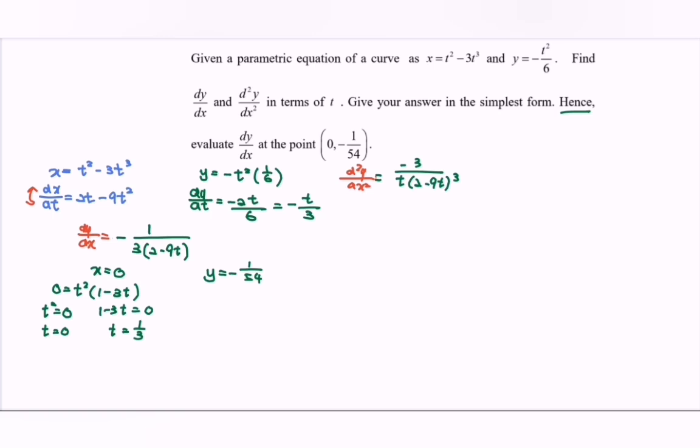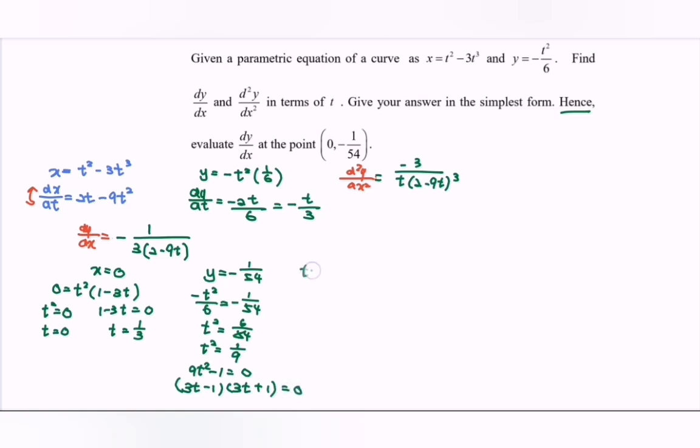Next, we have to test for the situation y equals negative 1 over 54. Negative t squared over 6 equals negative 1 over 54. So rewrite the situation. We have t squared equals 6 over 54, t squared equals 1 over 9. So 9t squared minus 1 equals 0. So we have 3t minus 1 and then 3t plus 1 equals 0.